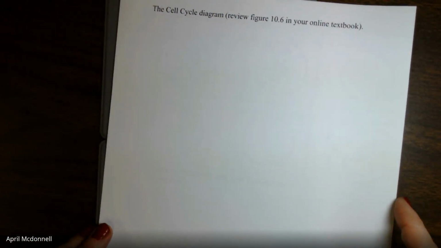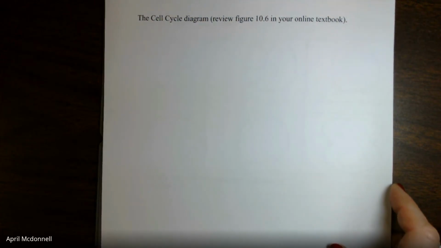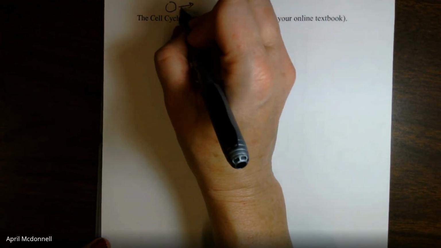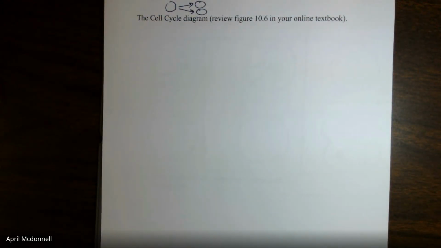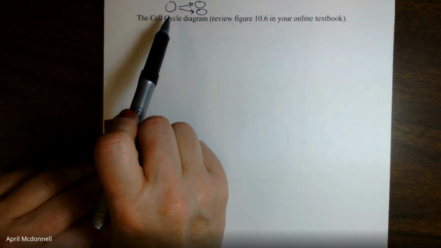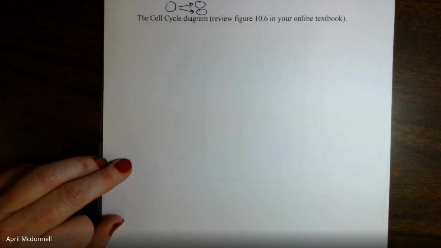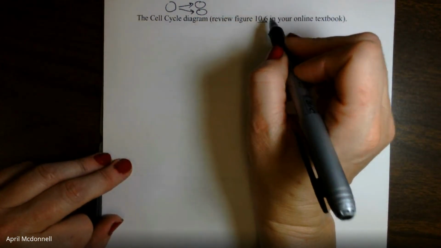Okay, we want to get back to the cell cycle. I want you to remember that the cell cycle is when you start off with one cell and it divides and it produces 2 individual cells. So it's going to be all of the activities from the starting cell to the ending cells. You can review figure 10.6 in your textbook.